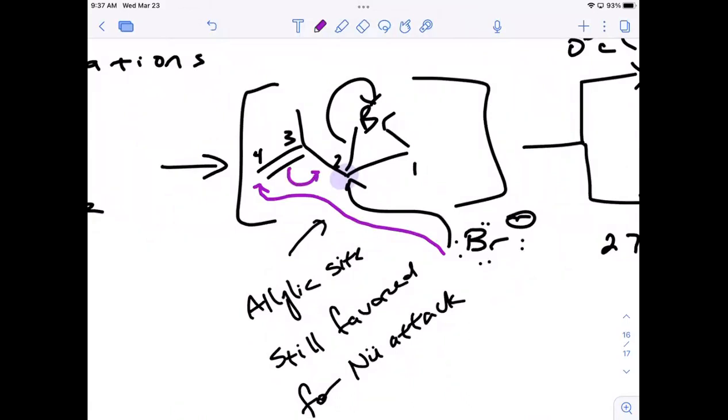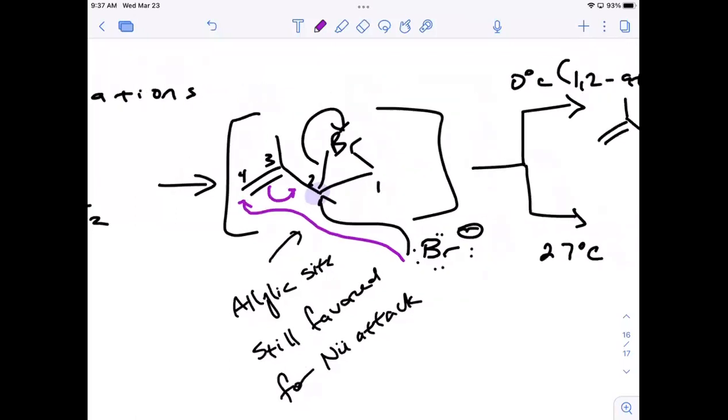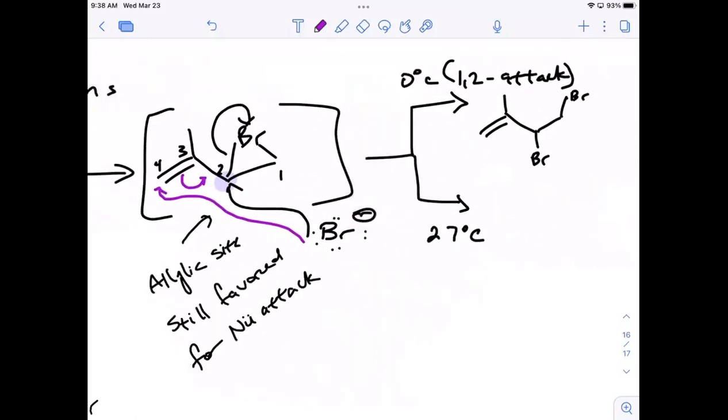And that's still going to cause that carbon-bromine bond to break. It's the same exact mechanism, it's just a different substrate.